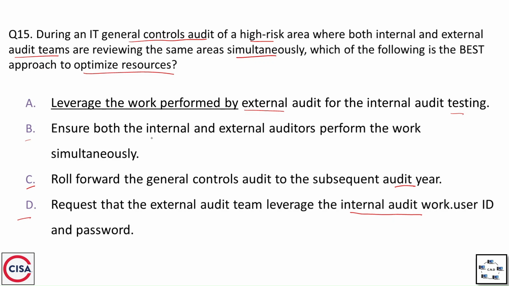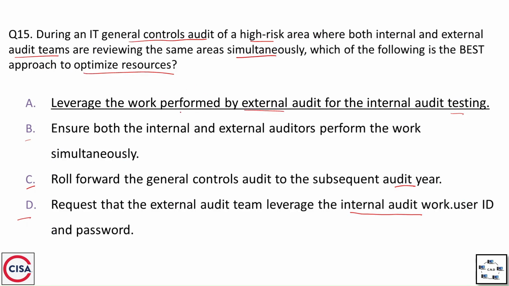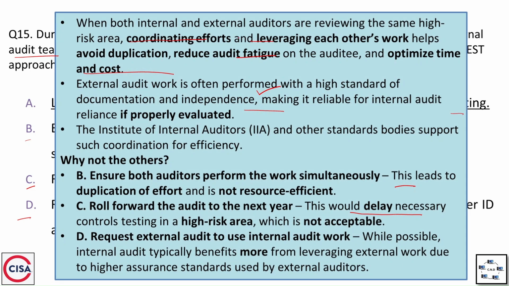And the correct option is option A, leverage the work performed by the external audit for the internal audit testing. Explanation: when both the internal and external auditors are reviewing the same high risk areas, coordinating efforts and leveraging each other's work helps avoid duplication, reduce audit fatigue on the auditee, and optimize time and cost.